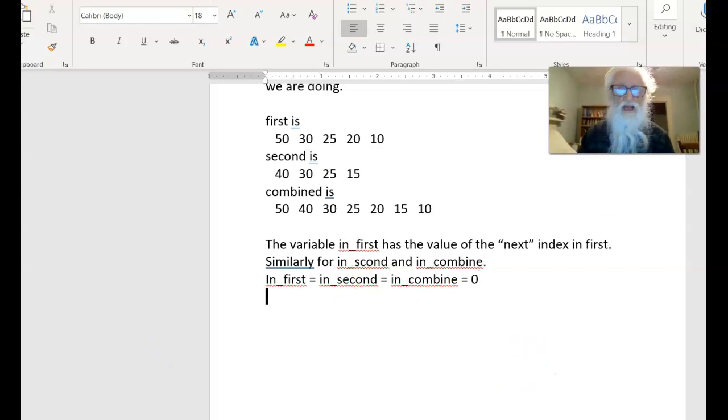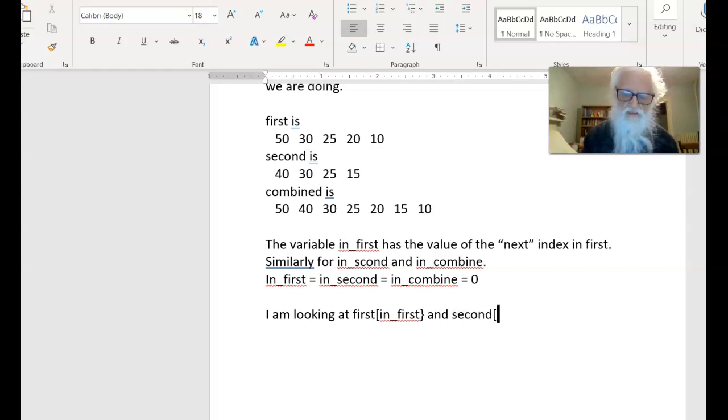So what I have here is I am looking at first, in first, and second, in second. Compare the two.